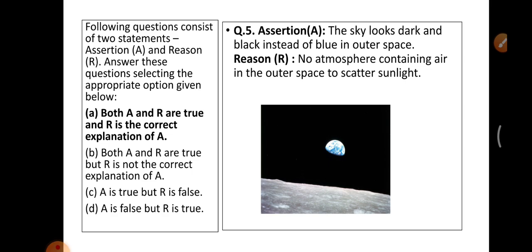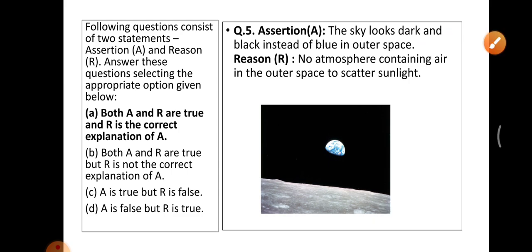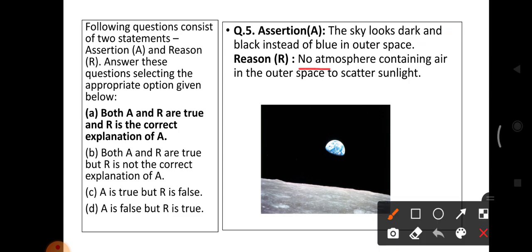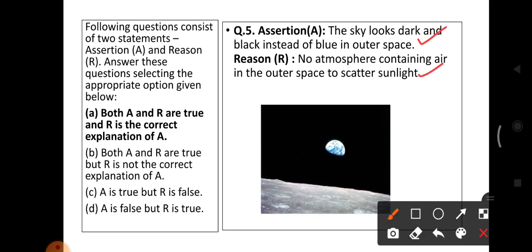In question number 5, assertion: the sky looks dark and black instead of blue in outer space. Yes, when we are in outer space, the sky looks dark instead of blue. Reason: no atmosphere containing air in the outer space to scatter sunlight. Yes, exactly correct.